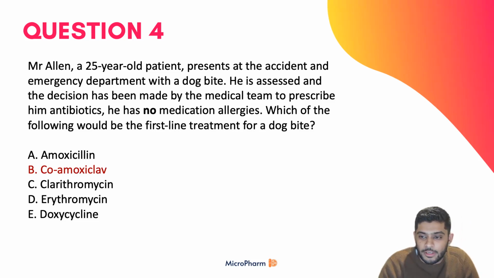Do you understand why? Yeah, exactly that, Evelyn. An example of a true allergy is if a patient has difficulty breathing or swelling of their throat. An example of a side effect would be diarrhea associated with amoxicillin.